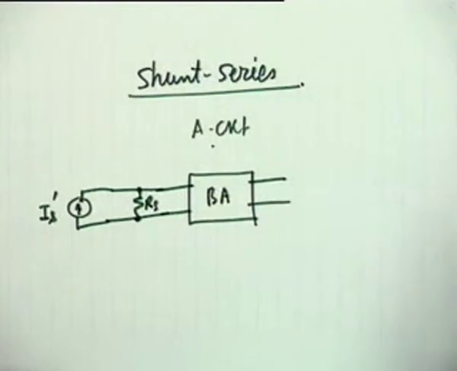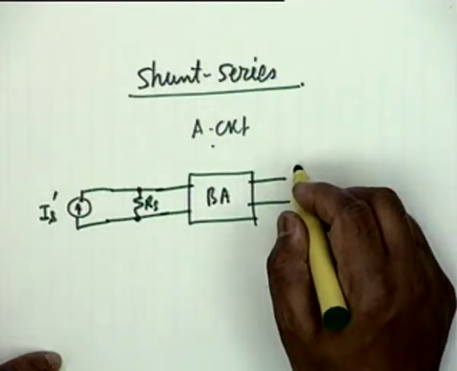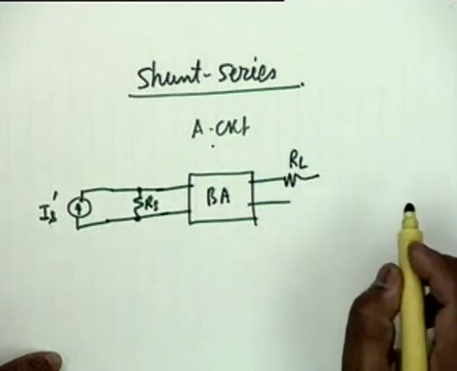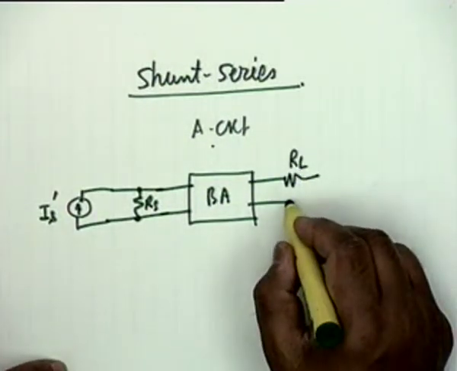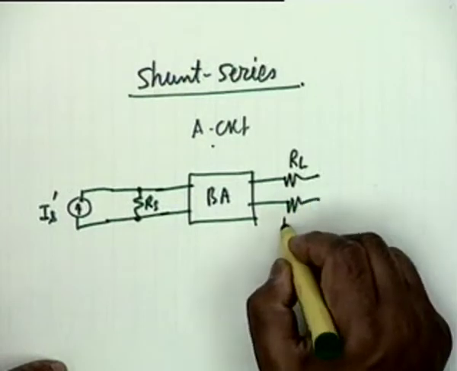Now in the output it is a series connection, therefore what I want is a current, and therefore the load should come in series, RL. In addition to this, I should have from the feedback network R22.